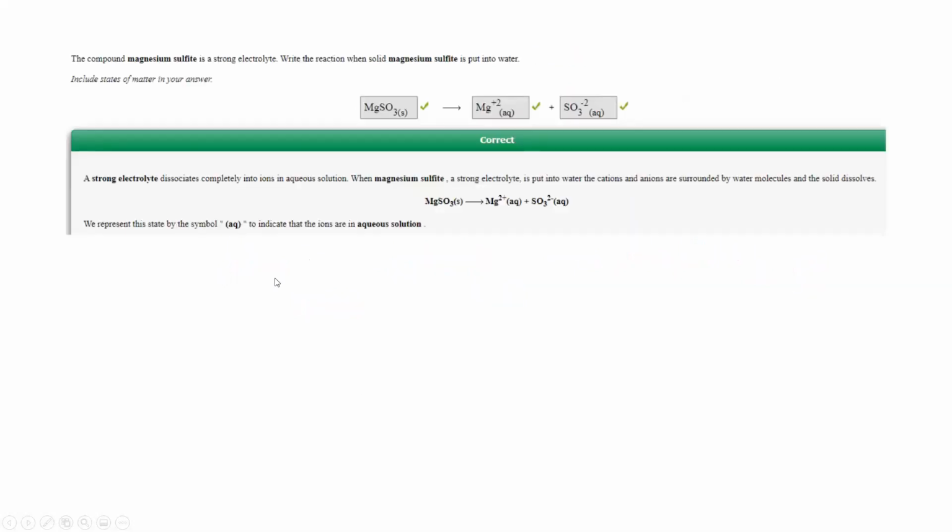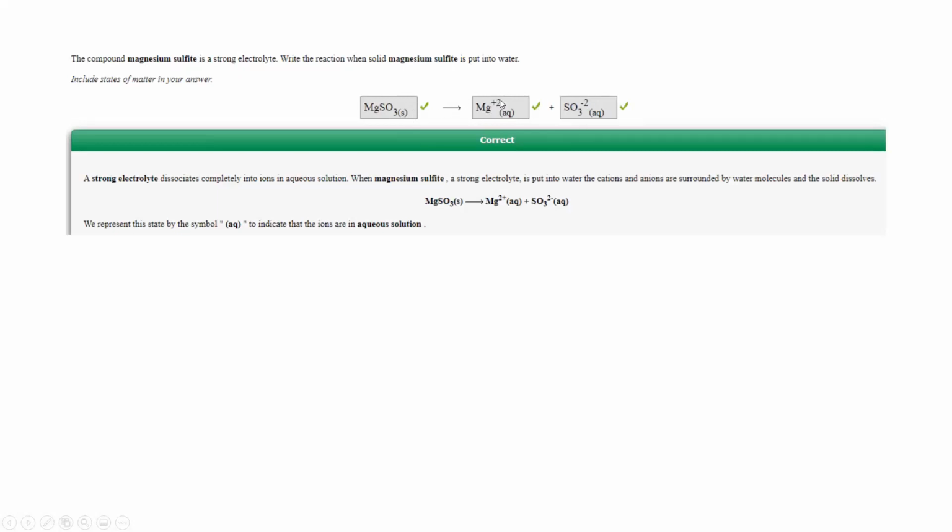Here you have another example. The compound magnesium sulfide, look, is a solid. And when it is a strong electrolyte and it is soluble, then you have to represent it as the ions.